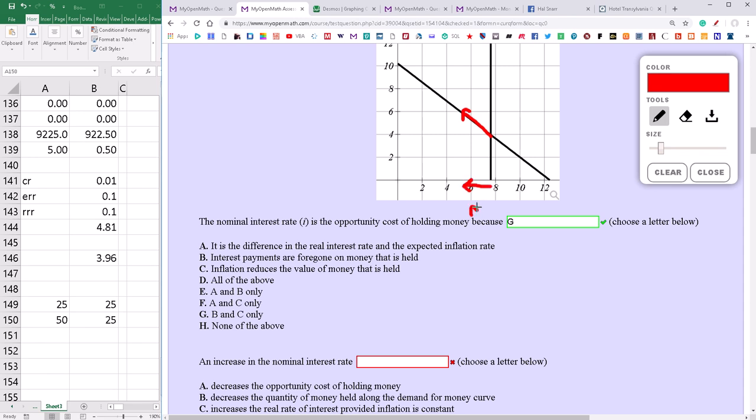The quantity of money is decreasing, right? And then, of course, the nominal rate of interest is increasing, correct? Okay, so the quantity of money decreased. So it does decrease the quantity of money held along the demand curve. So yeah, I'd say B is correct. And I would say this would be true if this was increasing. Okay.